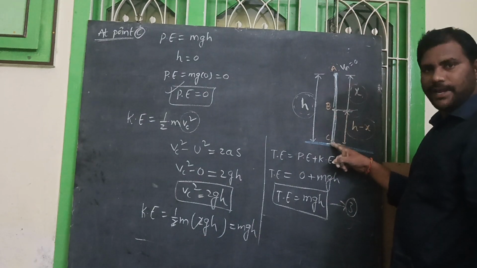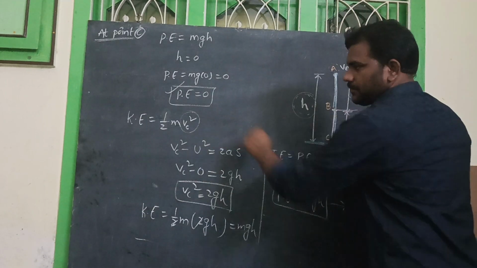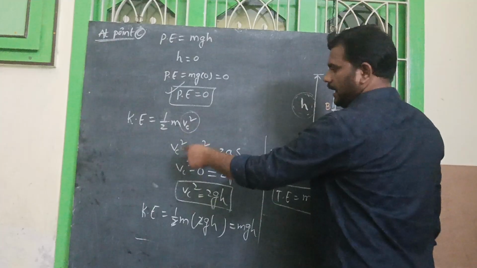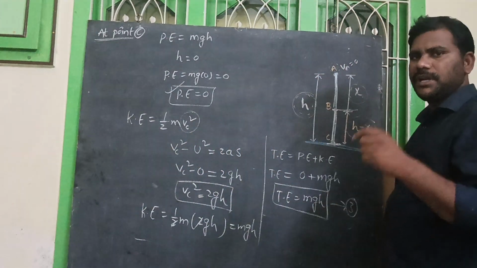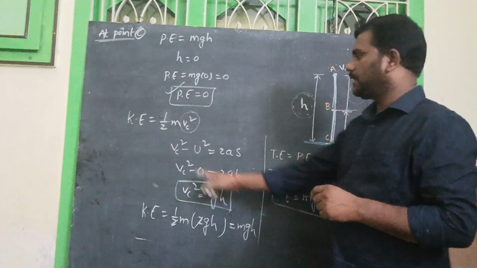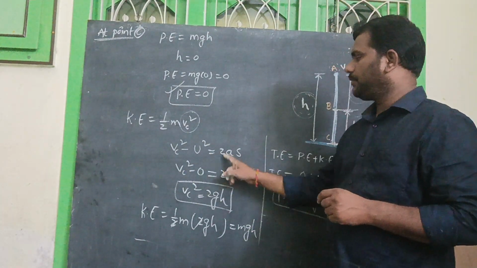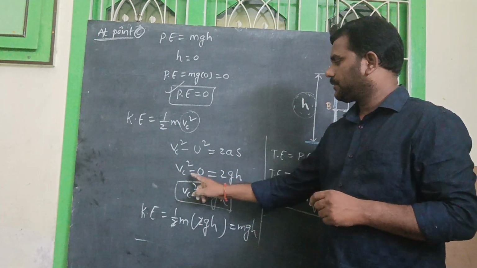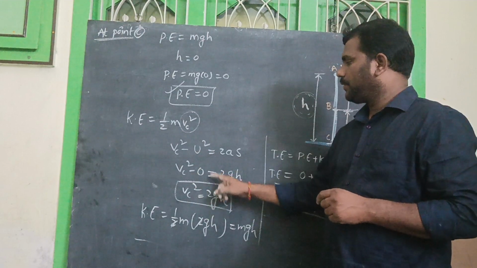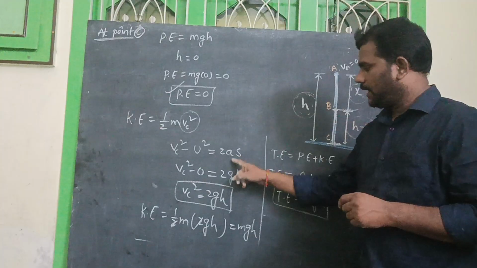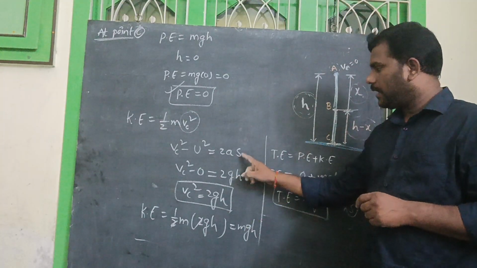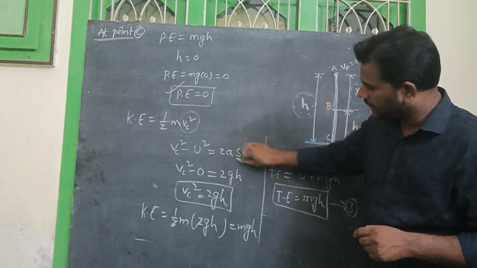That means at point C we can write the vc square. Here we can find out the vc. Then we can use the kinematic equation, v square minus u square is equal to 2as. Then vc square minus u square is equal to 2as. Vc square is equal to, u is going to be 0, equal to 2 into, here you already know that a is equal to g, and this is very important, s is equal to, you can take the h.